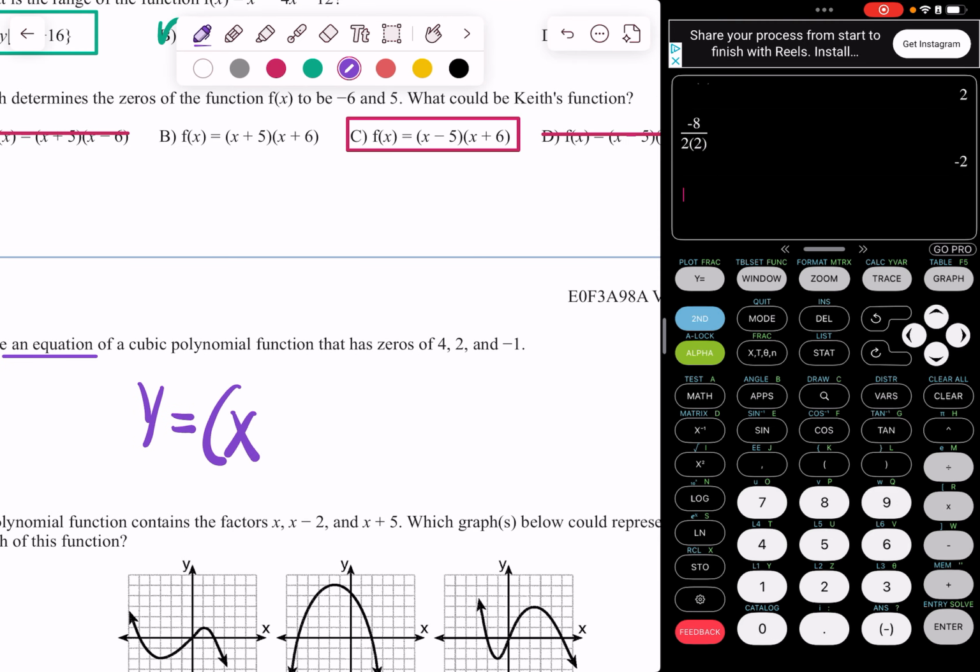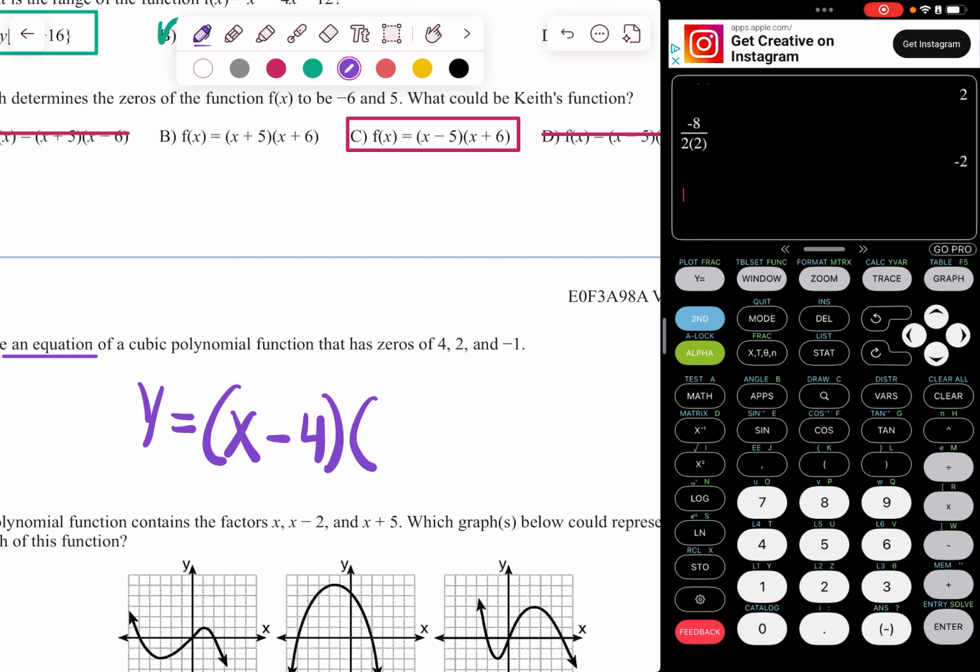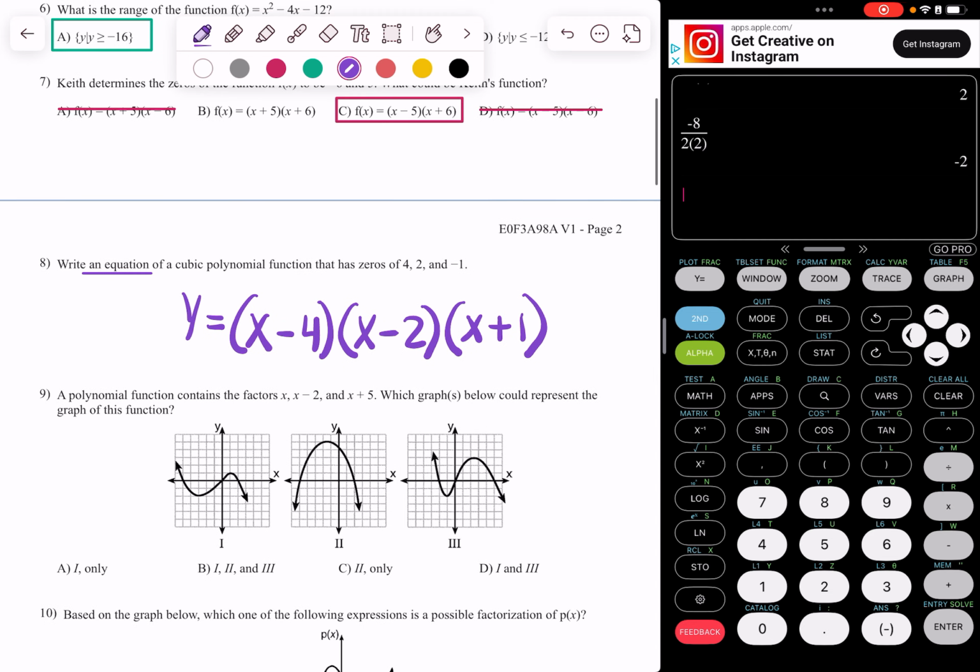It would be x, and you have to do the opposite of positive 4, which is negative 4. Then x, the opposite of positive 2 is negative 2. And then x, the opposite of negative 1 is positive 1. In order to write equations, you take whatever your zeros are, and whatever sign it is, it's the opposite inside the parentheses.